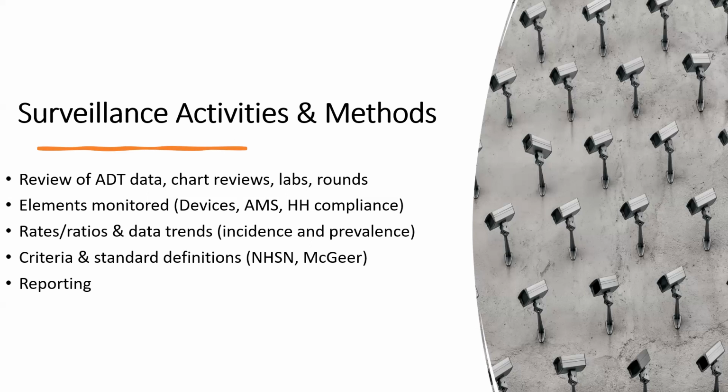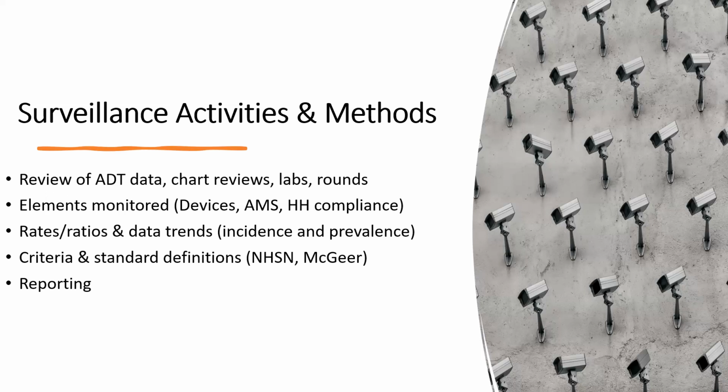Elements monitored. We're looking at devices. So again, central line utilization and maintenance, as well as indwelling urinary catheters, and antimicrobial stewardship. There are activities there around resistance, indication, and so on. Hand hygiene compliance.